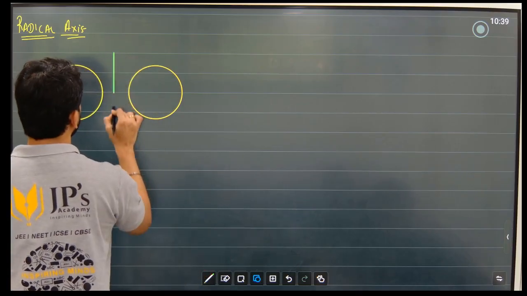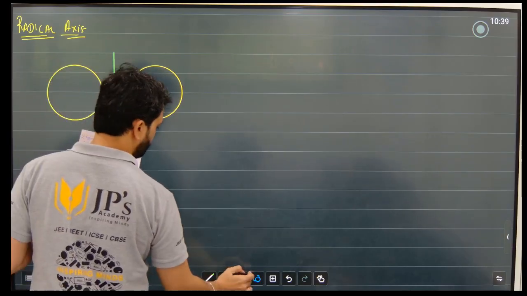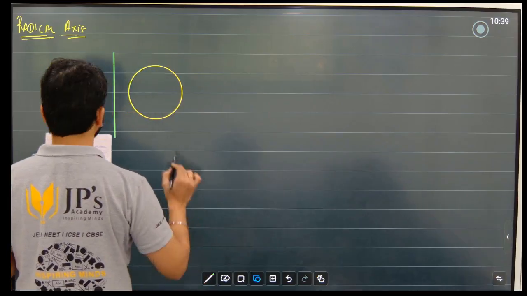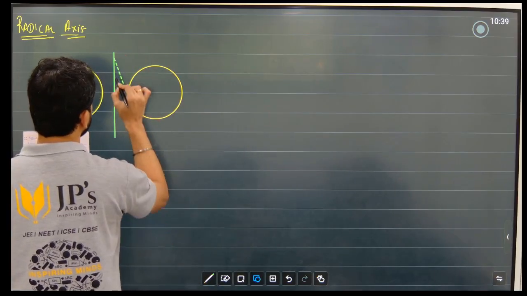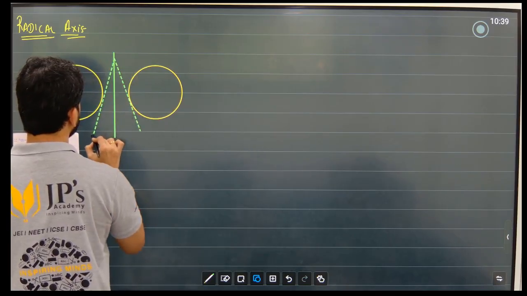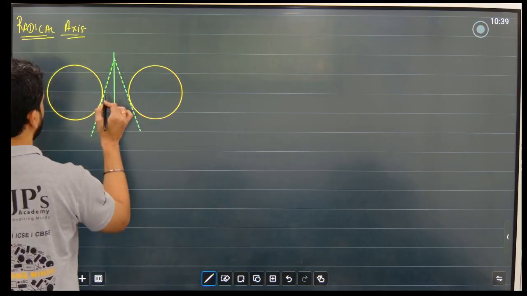Whose power with respect to two circles are equal.